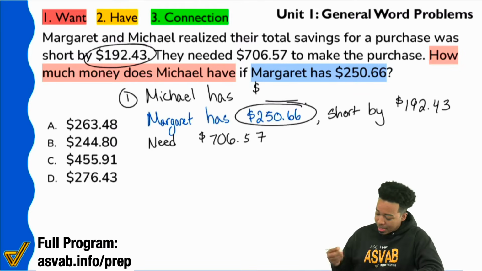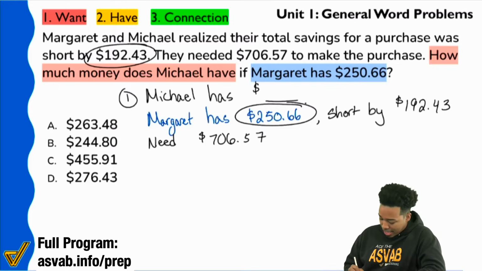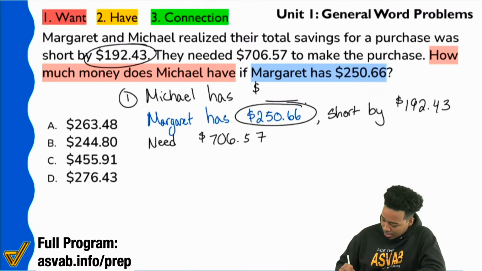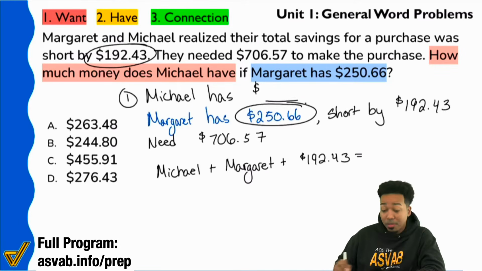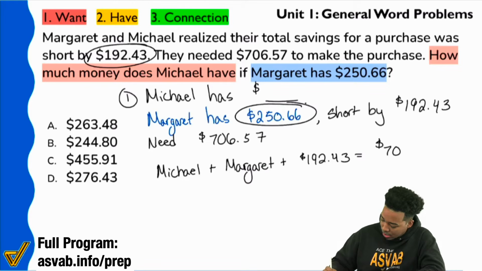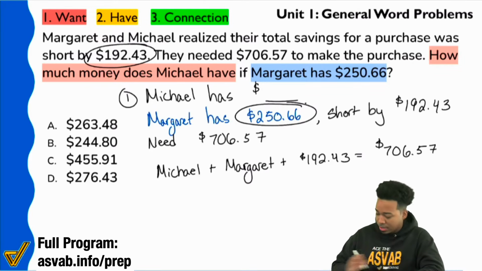We see that if we want to find Michael's money, we can set up a relationship like this. We can set up the relationship saying, hey, Michael plus Margaret plus that amount that they were short by, $192.43. All of that together is supposed to equal that $706.57.